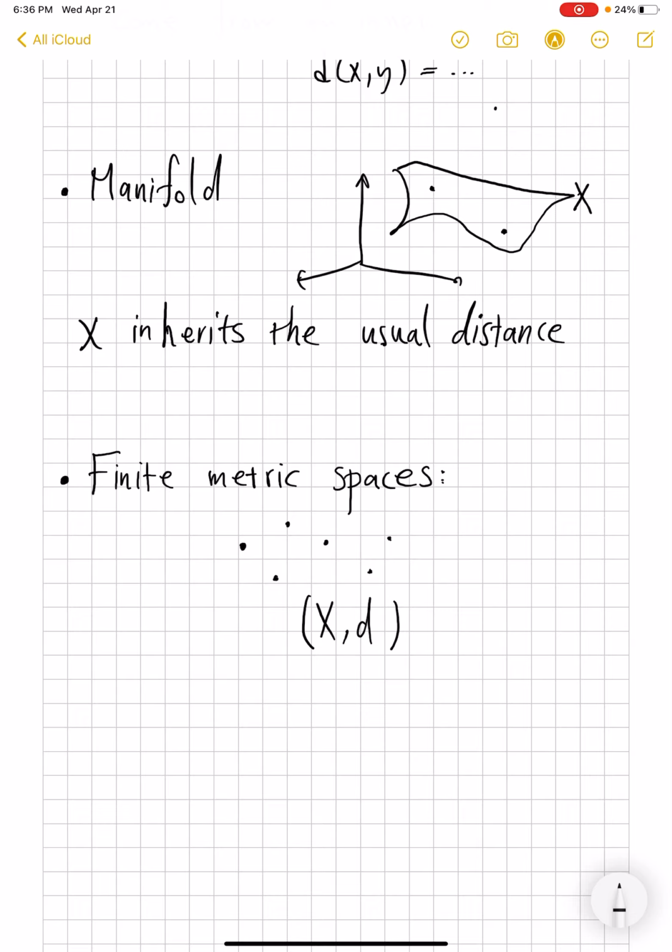For instance, we have the contraction mapping theorem: if you have a self map on a complete metric space that is a contraction, then it has a unique fixed point. And the applications, of course, are just everywhere.